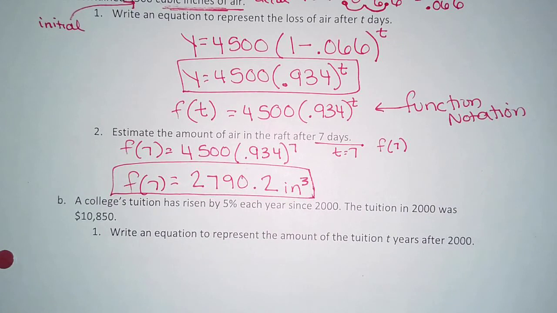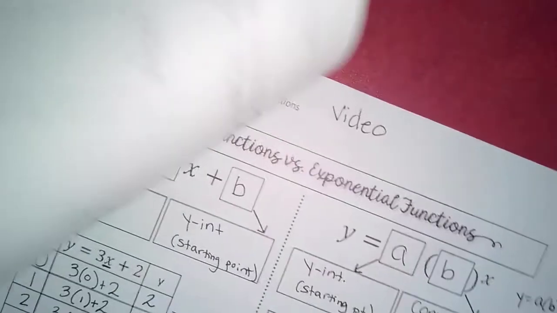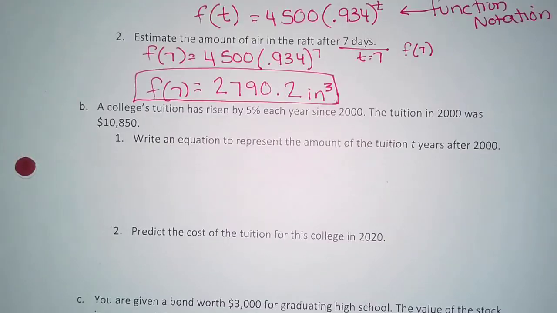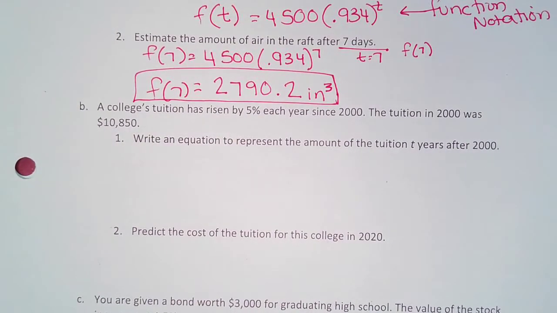Okay, next one. This one is going to run into the next page. The next page is just graphing it. This one's really important. It's pretty similar to the one on your performance event. It says a college's tuition has risen 5% each year since 2000. The tuition in 2000 was $10,850.